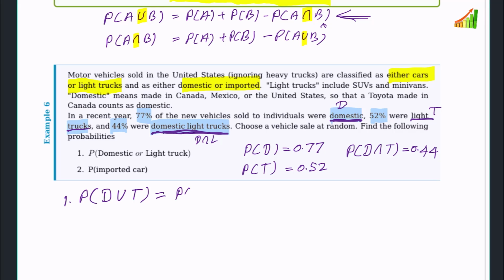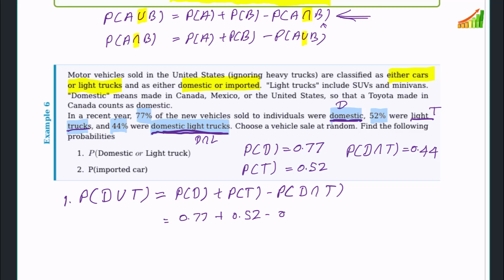This equals the probability of D plus the probability of T minus the probability of D intersection T. So you can plug in the numbers: 0.77 plus 0.52 minus 0.44. This is 0.85. You can write this in decimals or in percentage. So that is 85%.